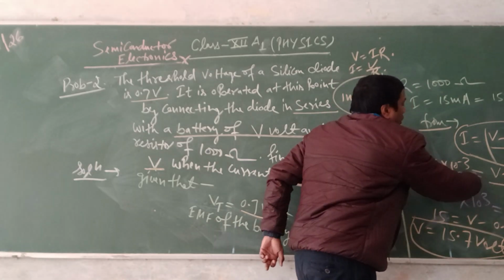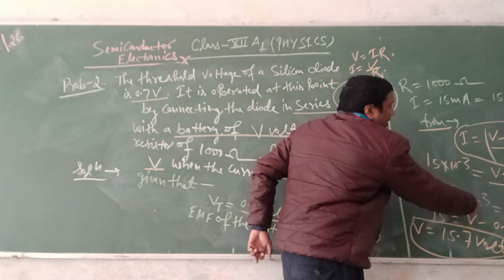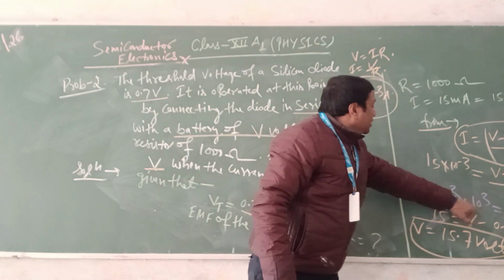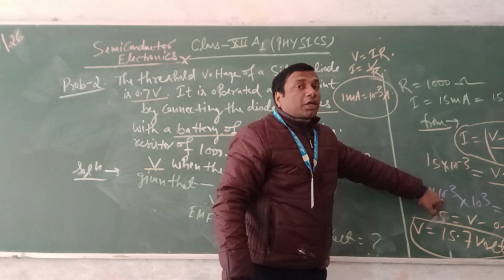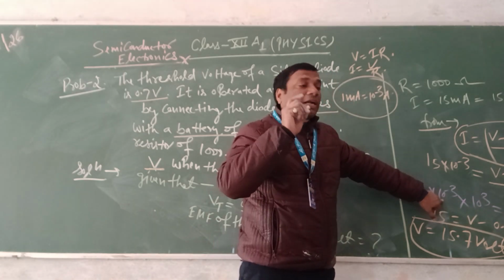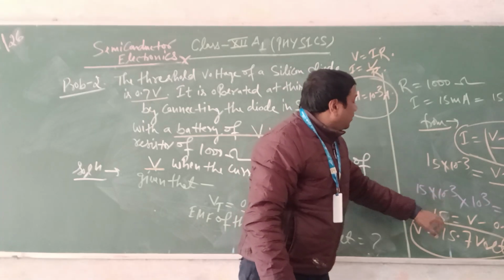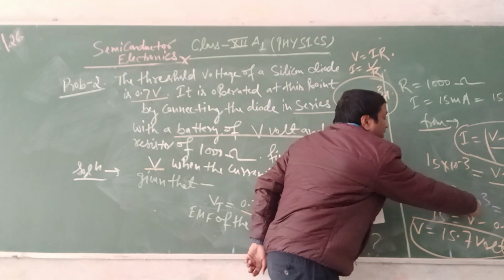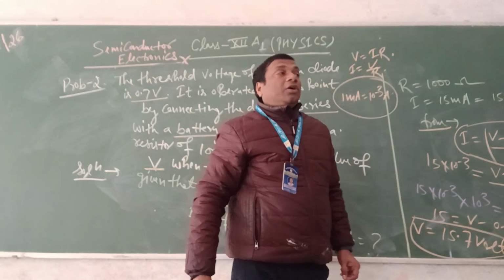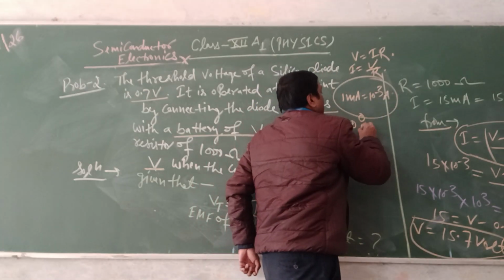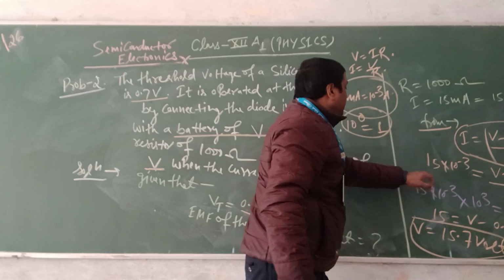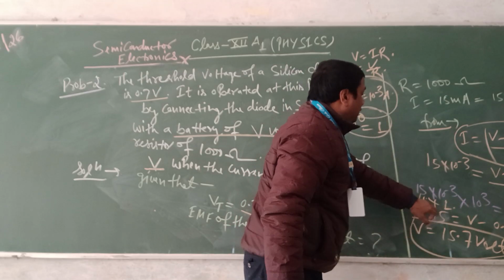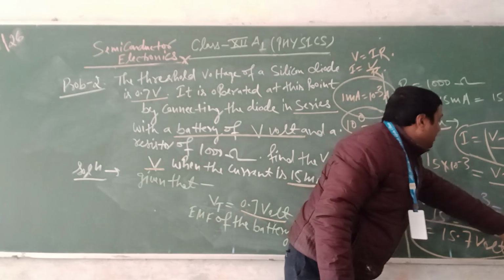Cross multiplying, the 1000, which is 10 to the power 3, times 10 to the power minus 3 gives 10 to the power 0, and all of you know 10 to the power 0 is equal to 1. That means 15 into 1 is 15, so 15 volt is equal to V minus 0.7.